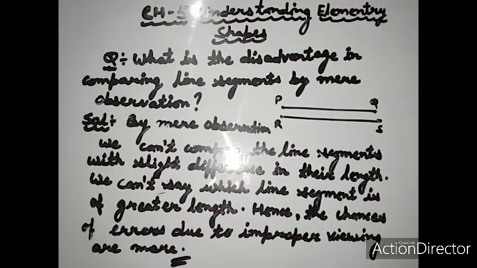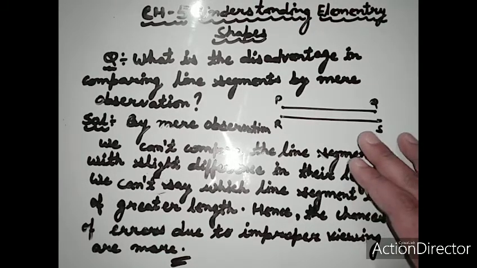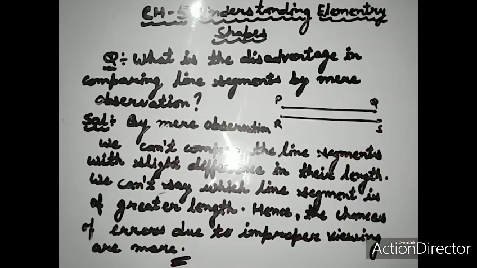This is the same as when we observe these two line segments PQ and RS: it is very tough to find which one is greater and by how much. So this is a disadvantage of comparing line segments by mere observation.